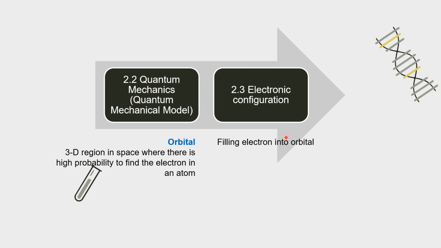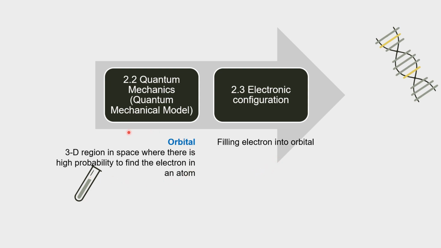We have found the different types of orbital in 2.2 quantum mechanics. So by applying the orbital that we have found in each energy level, we will use the same orbital here in 2.3. But now in 2.3 we will have our proton number and we are going to fill the proton number into the orbitals. Please remember, proton number equals number of electron.